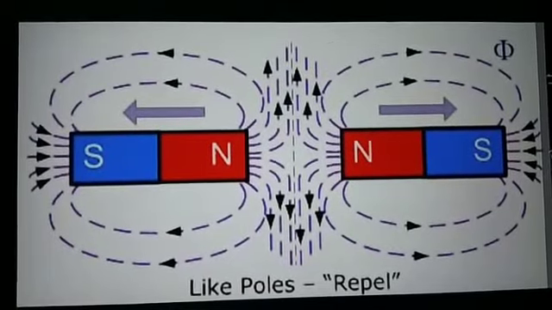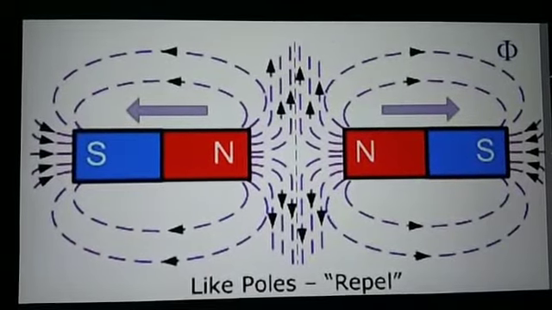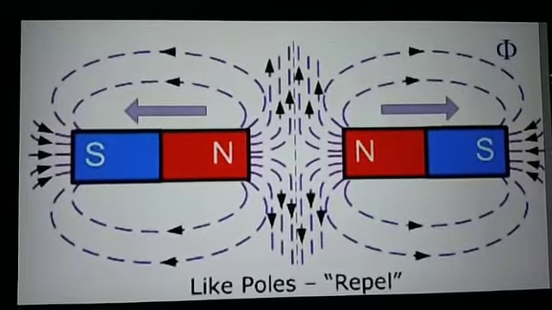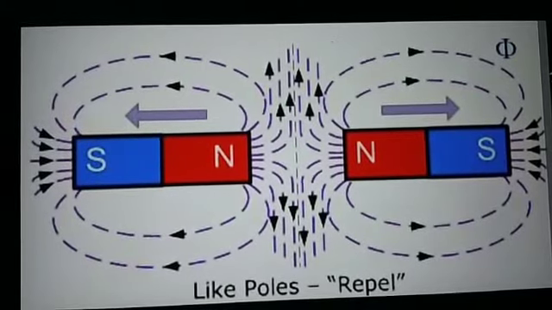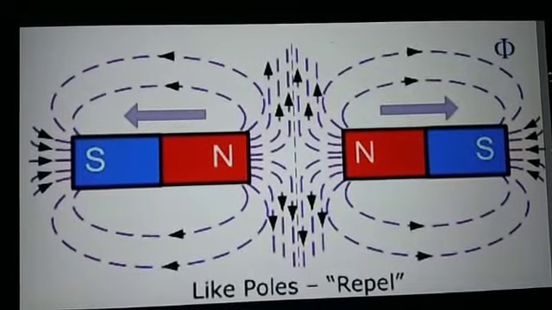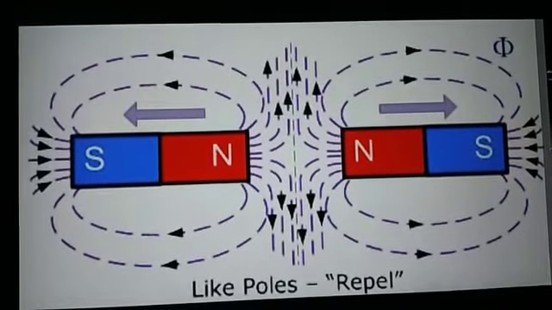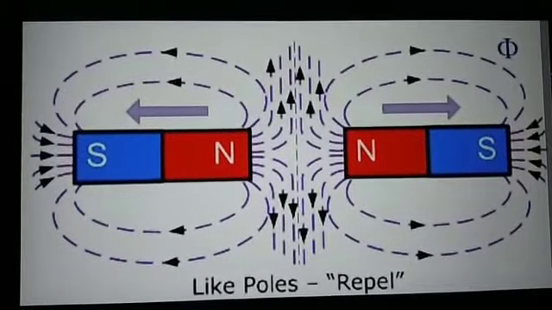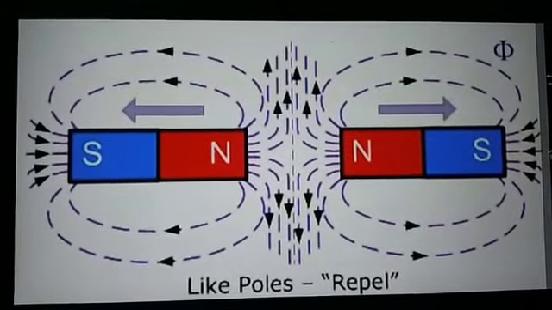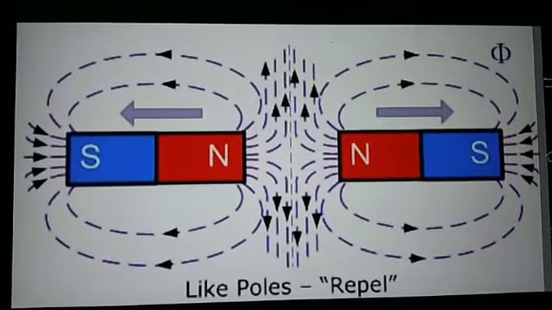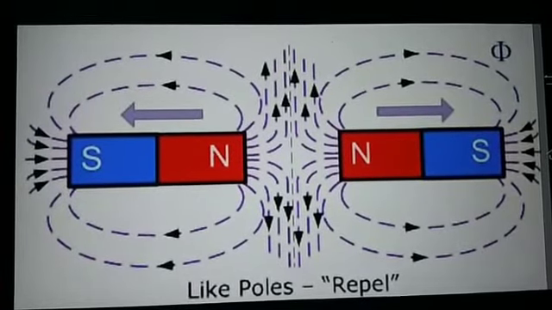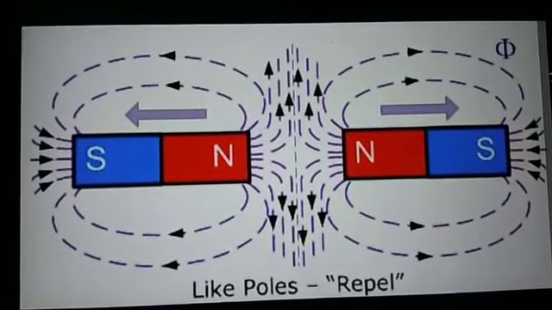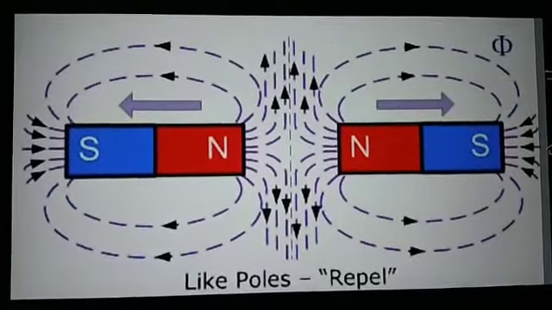Two north poles are getting together, and we observe the magnetic field lines are not attracting each other. They repel each other. So that's why a weak magnetic field is formed. So like poles have a weak magnetic field, and unlike poles have a strong magnetic field. So these are the magnetic field lines, and this is how the magnetic field strength of two magnets can be weak or strong.